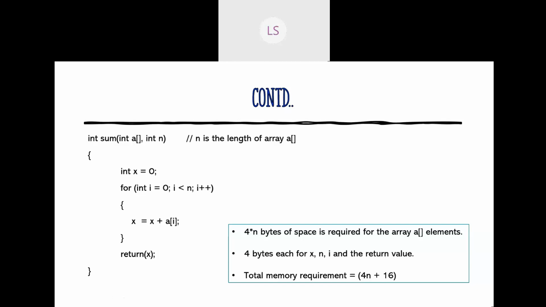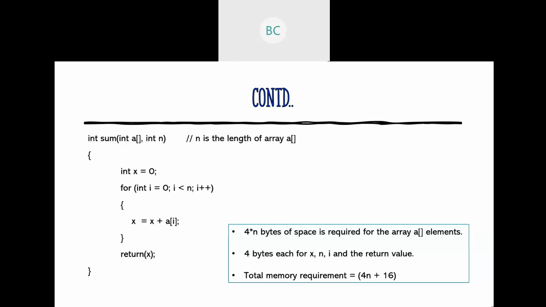This is the memory required. That means you have to consider all the variables and all the data types. It's not the time complexity. I am not going there yet, but this one is space complexity, you can say. So this is how you calculate space complexity. Space means you have to check all the variables that you have used in your program. Then you have to check the data types of your variables.